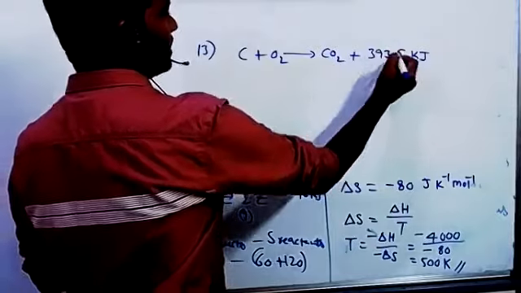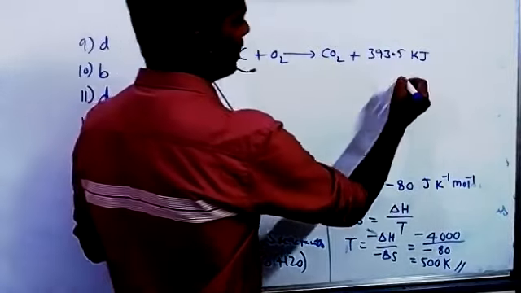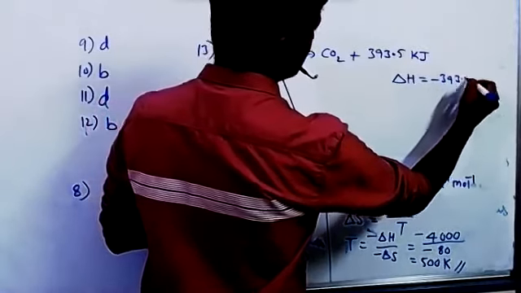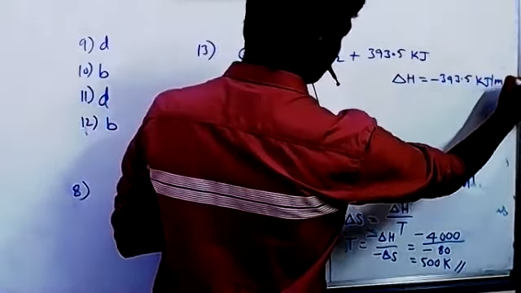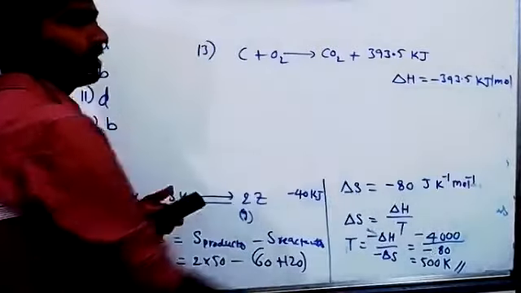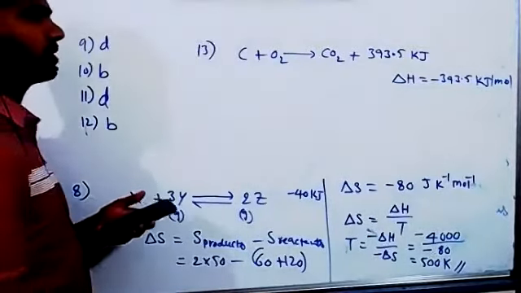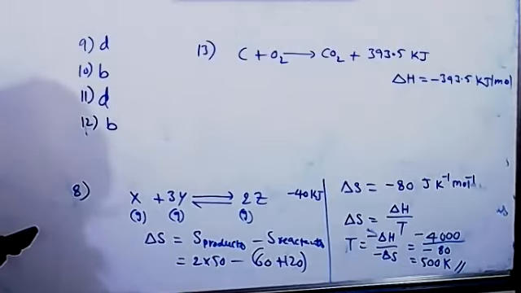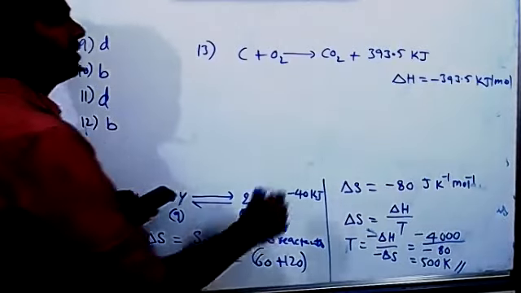Here energy is written along with the equation, which means if we write separately, we can write delta H is equal to minus 393.5 kilojoule per mole. So you don't consider it an endothermic process. It is actually an exothermic process. The signs of delta H, delta S and delta G respectively are. Okay, delta H is no doubt negative.